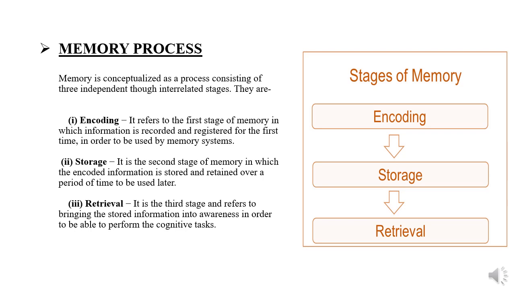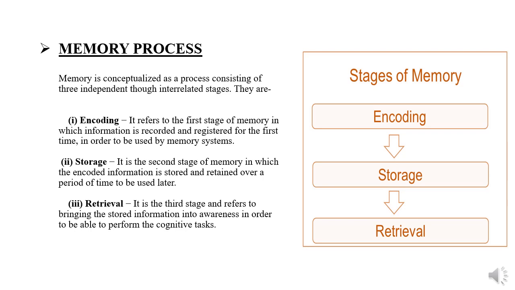Whenever an external stimulus impinges on our sensory organs, it generates neural impulses which are received in different areas of our brain. So basically, encoding is receiving the information, giving it a meaning and representing it in a way that it can be processed further.